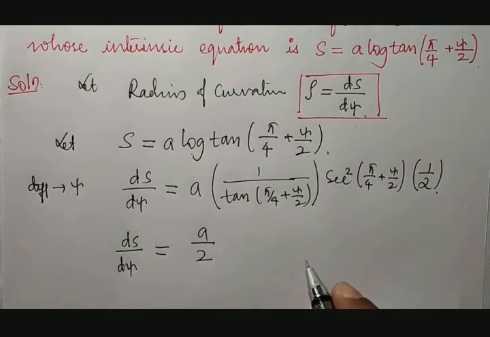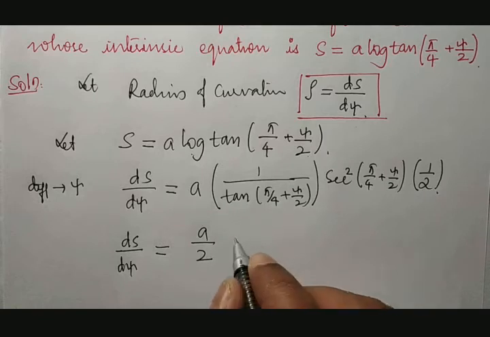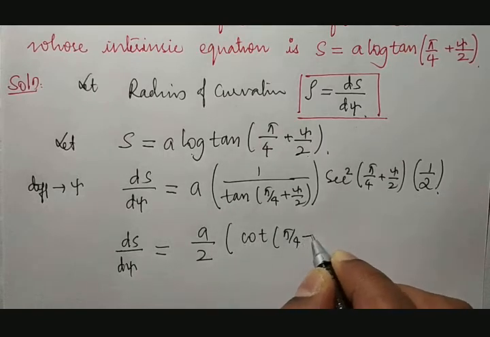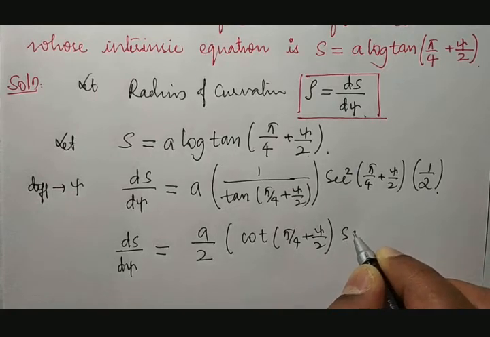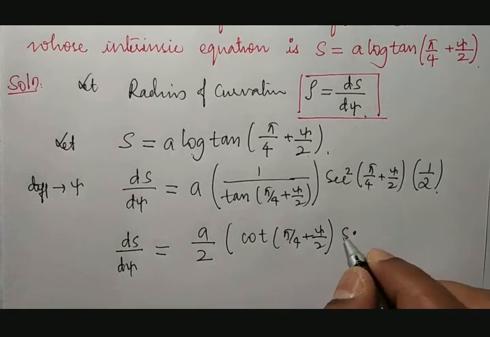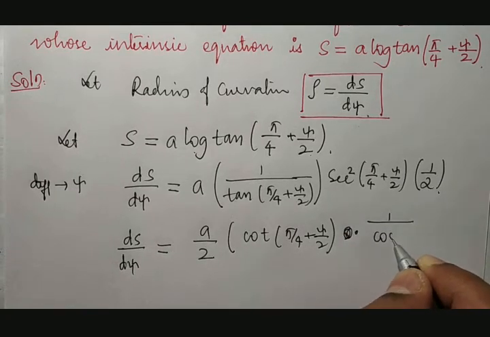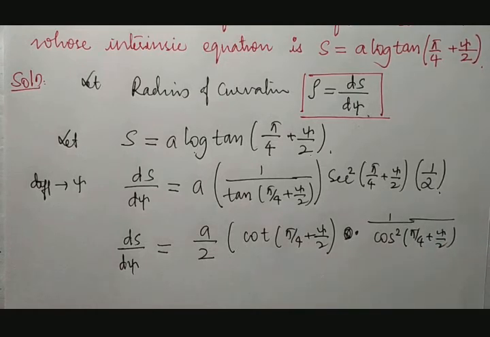Then it becomes, taking 1 by tan as cot(π/4 + ψ/2), into sec square, and this sec square can be taken as 1 divided by cos square(π/4 + ψ/2).